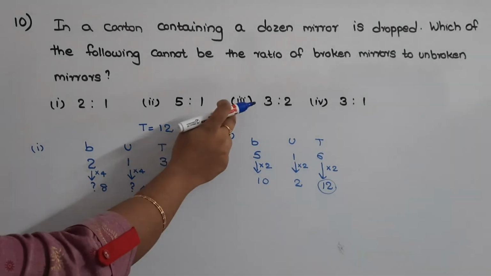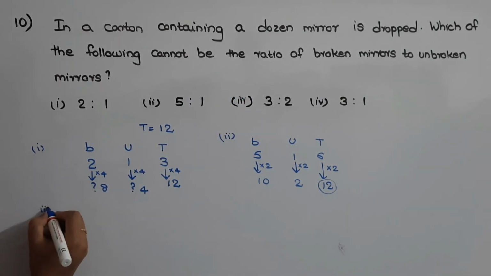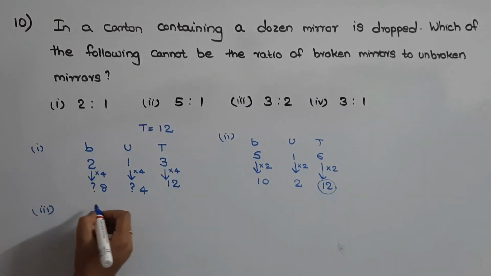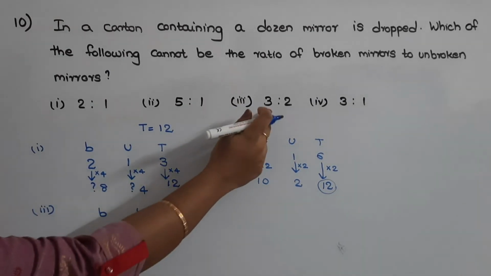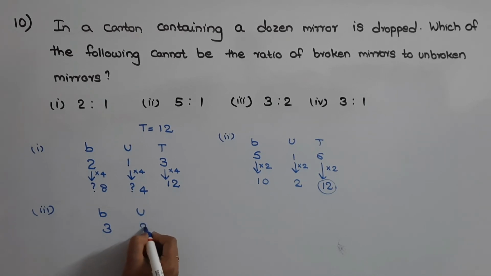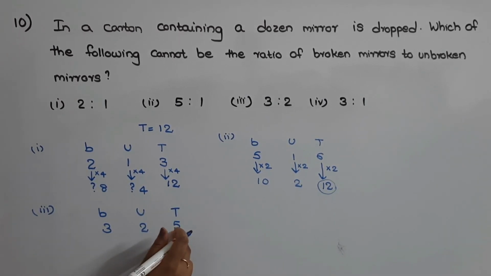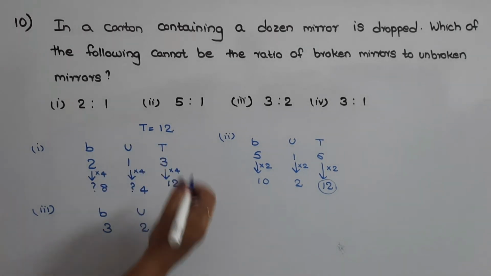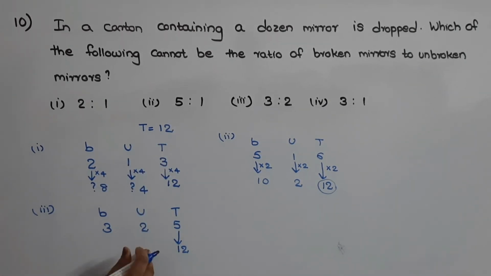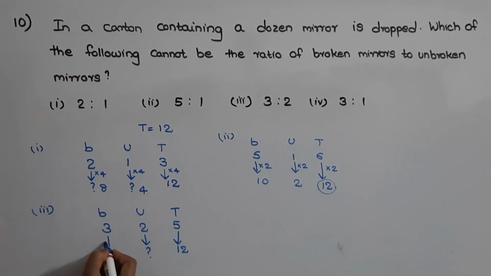Now let us see the third option. In the third option the ratio of the broken to unbroken mirrors is given as 3:2. Then the total of the ratio is 3 plus 2, that is 5. So we can represent this 5 as 12. But 5 is not a multiple of 12. So we cannot find an exact number for the broken and unbroken mirrors.